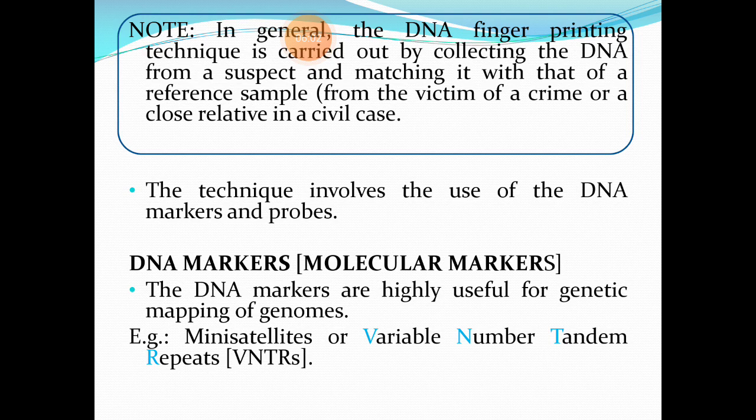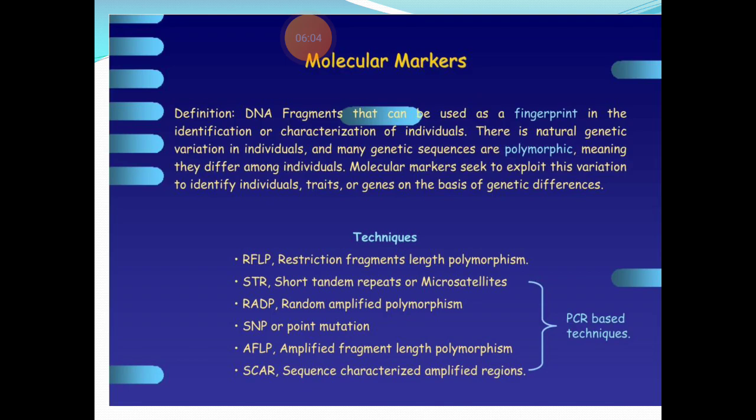DNA fragments that can be used as a fingerprint in the identification or characterization of individuals are known as a molecular marker. See, normally there is a natural genetic variation in individuals, as I was telling you, and many genetic sequences are polymorphic, meaning they differ among individuals.